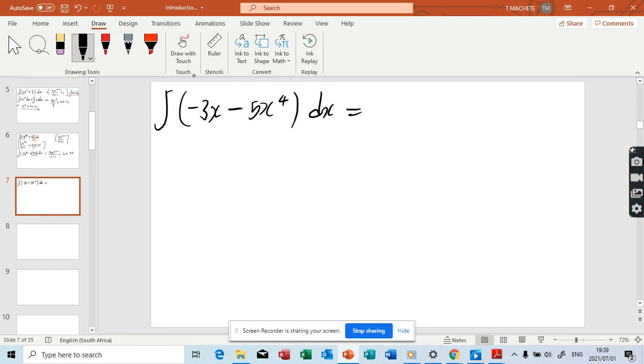You do the same thing, guys. You don't ignore the sign. You'll just write minus 3x to the power of 1 plus 1 over 1 plus 1 minus 5x to the power of 4 plus 1 over 4 plus 1.